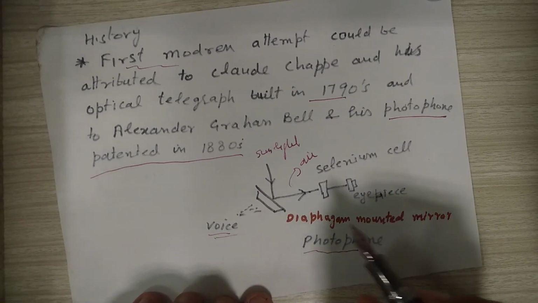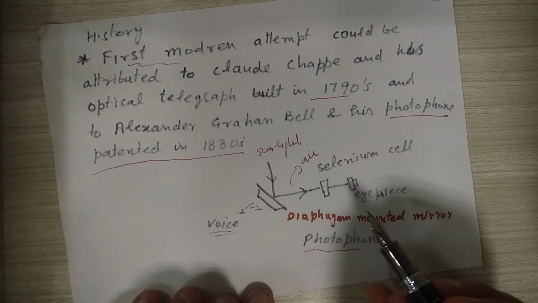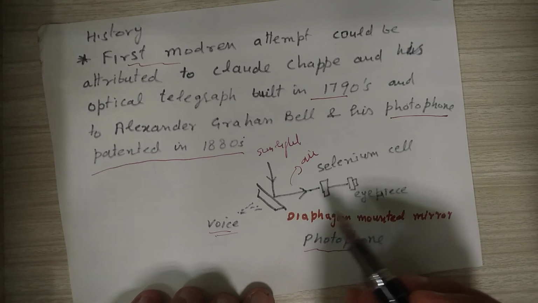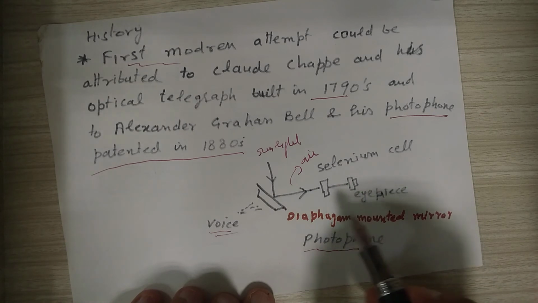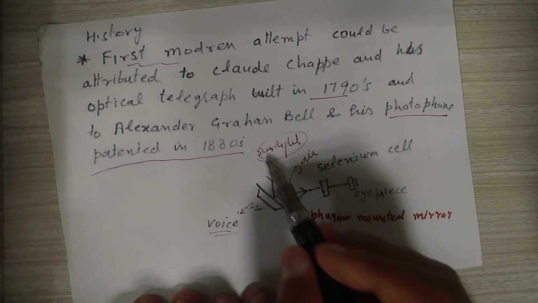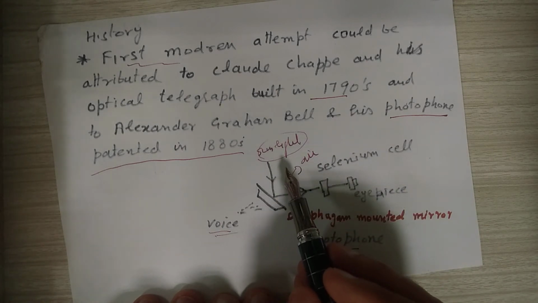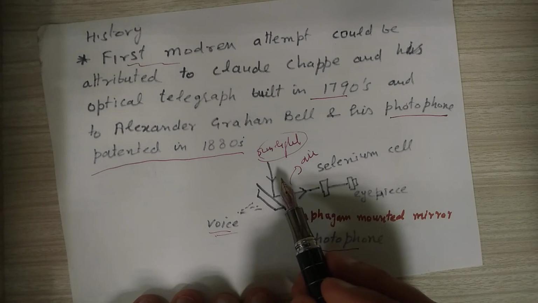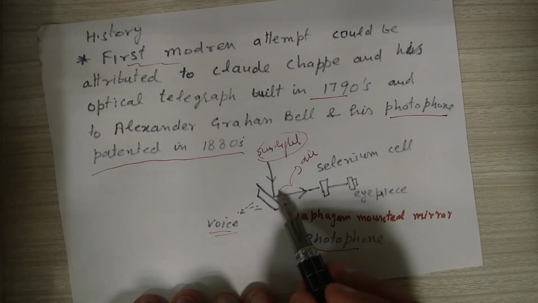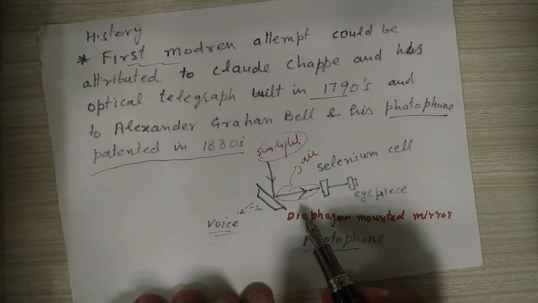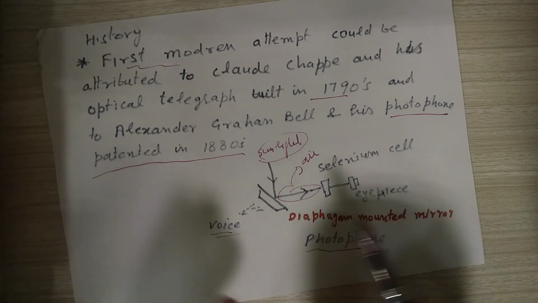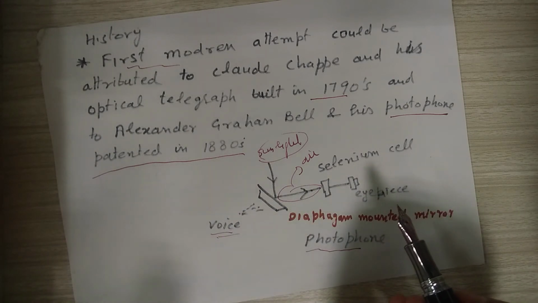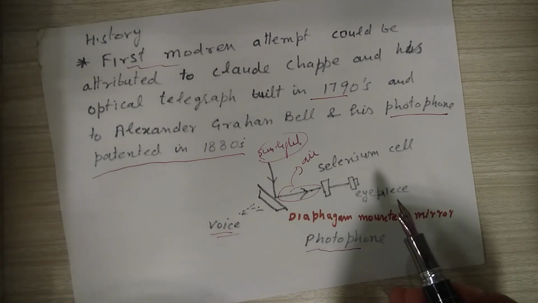So these earlier inventions, or you can say the early inventors or scientists, were hampered by the lack of a reliable light source, and this medium, the fiber type of things, was not available at that time.